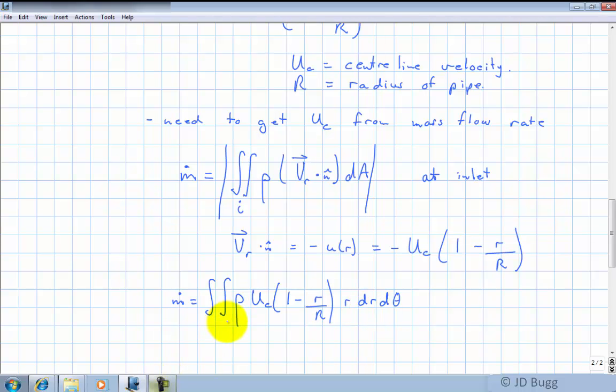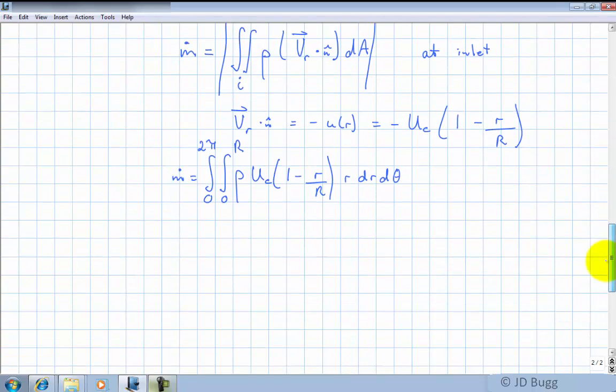Limits of integration on r are 0 to capital R. Limits of integration on theta, 0 to 2 pi, so we're covering the entire circle. And notice this negative sign I've dropped because we've taken the absolute value of this. So this is going to allow us to find this Uc. We know everything in this equation except Uc. So first of all, we need to do the integration.